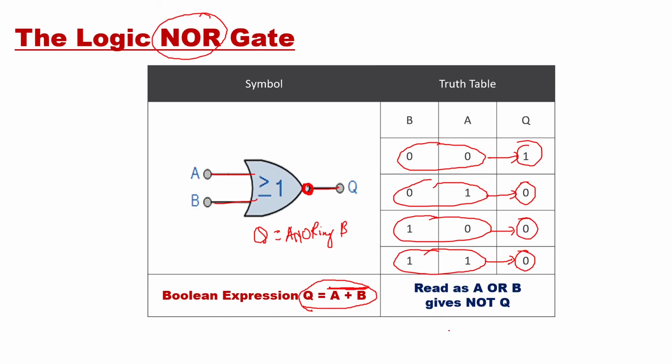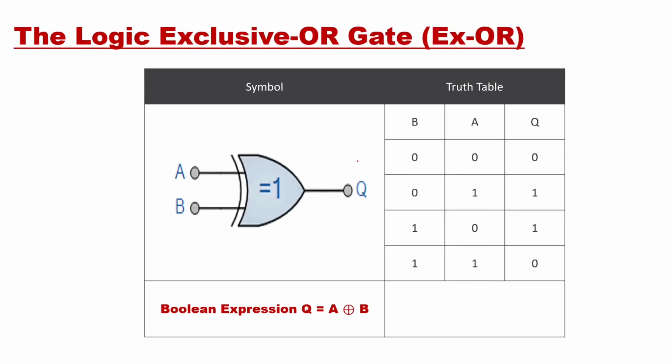NOT and OR, OR plus NOT, is nothing but NOR. This part does your OR and this does your NOT, so the output will be NOR.